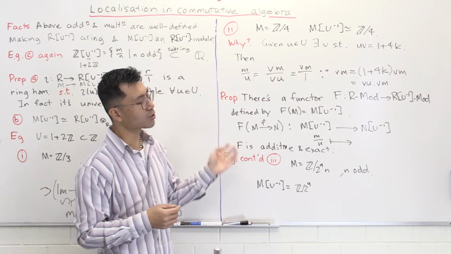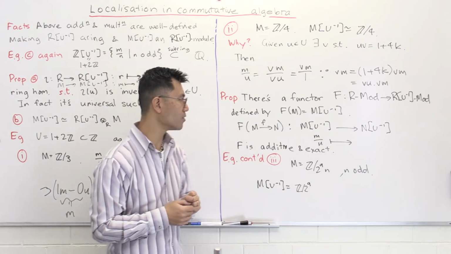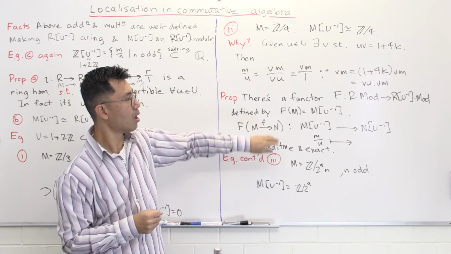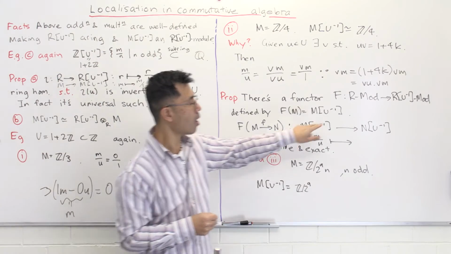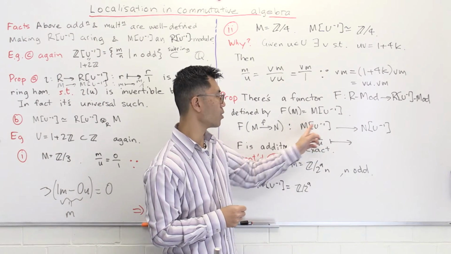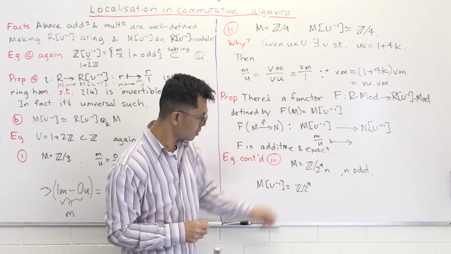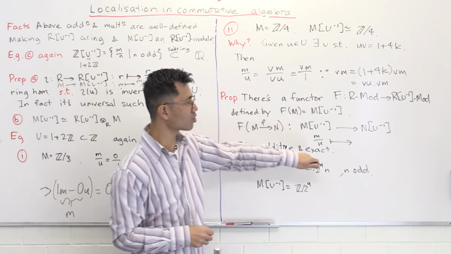But to be a functor, it also has to take maps to maps, homomorphisms to homomorphisms. So suppose we have a homomorphism of R modules. What's the corresponding homomorphism on the R U inverse modules, M U inverse to N U inverse? Here, this is the set of fractions, so you just have to say where this fraction goes.